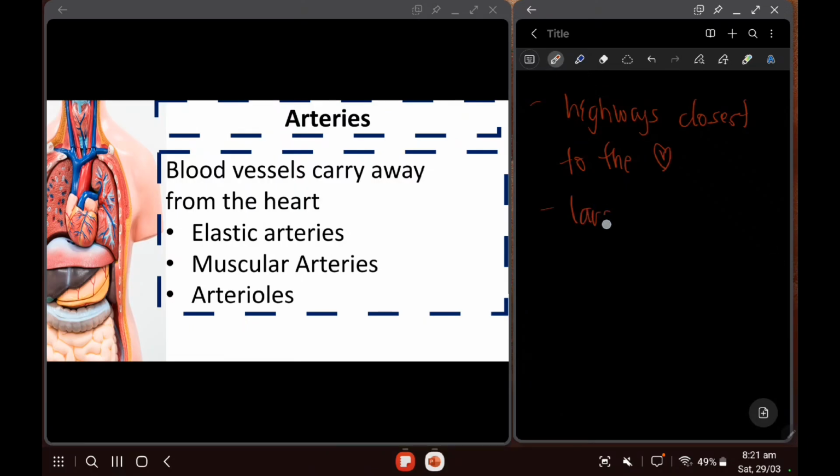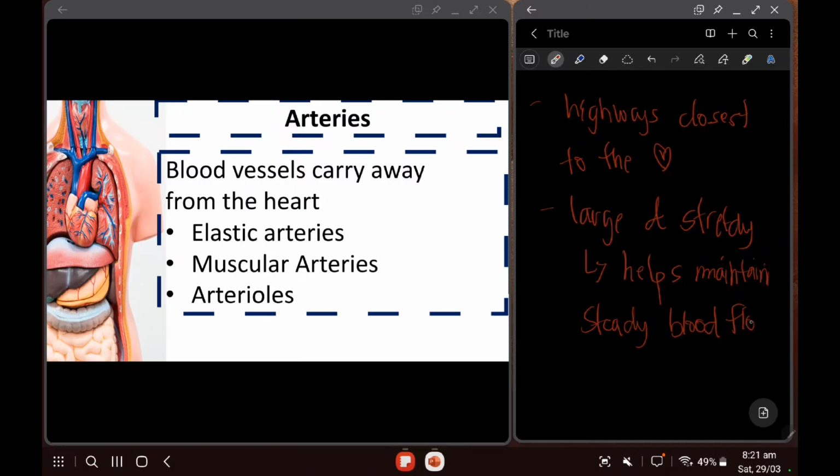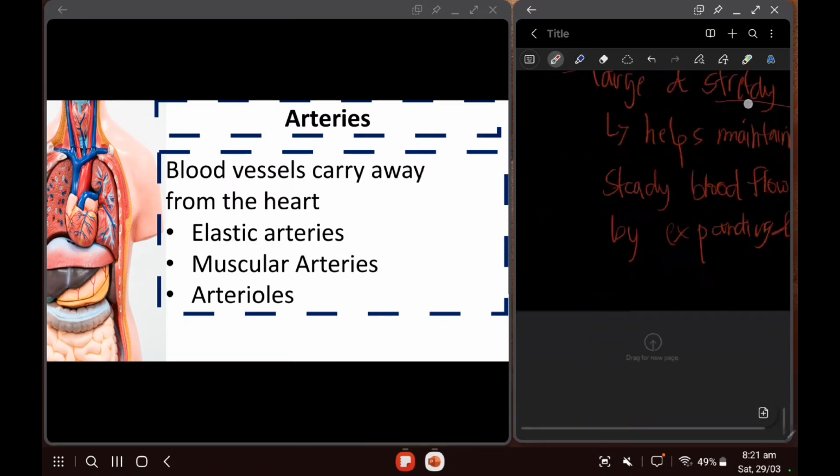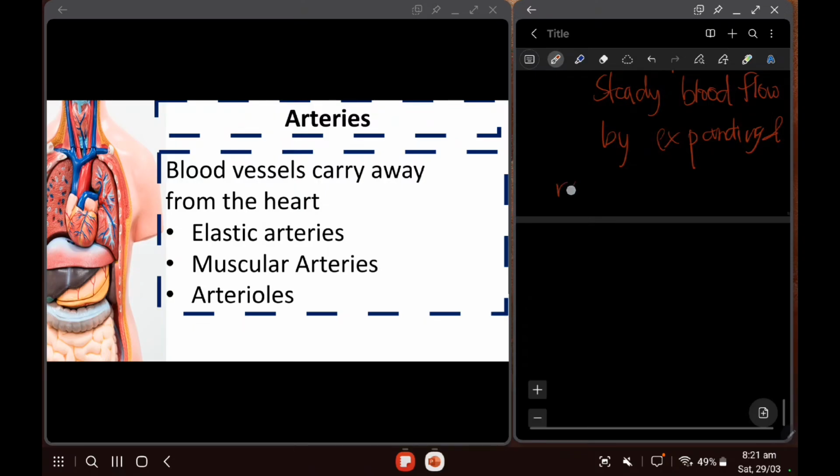They are large and very stretchy, which is it helps maintain steady blood flow by expanding, kasi nga stretchy siya. Expanding and recoil with each heartbeat.